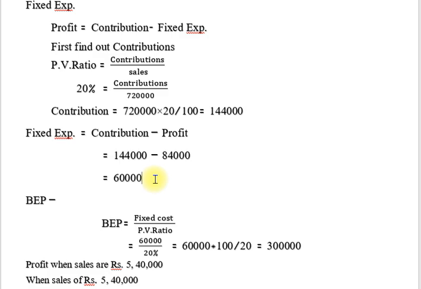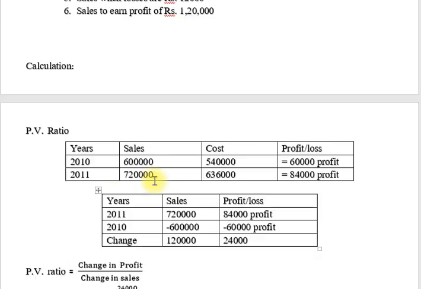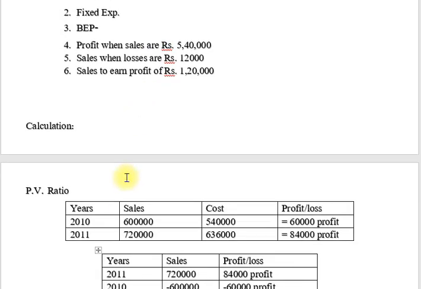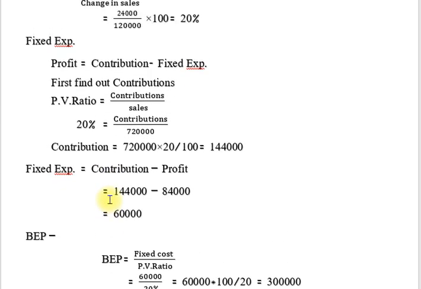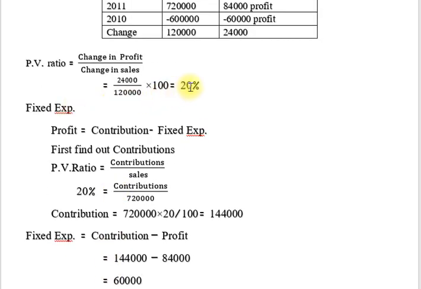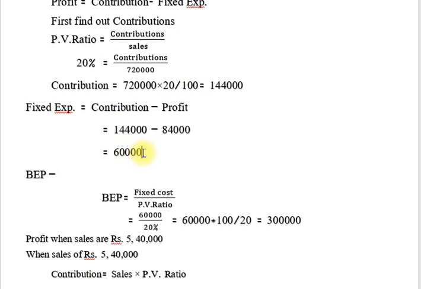Now friends, we are going to our third point, which is break even point. First we found the PV ratio, then we found the fixed expense. Now we use both pieces of information, PV ratio and fixed cost, to find our BEP. So BEP is equal to fixed cost upon PV ratio.